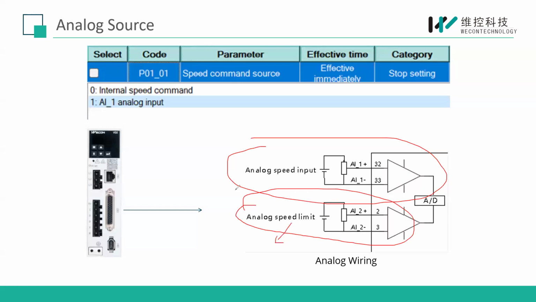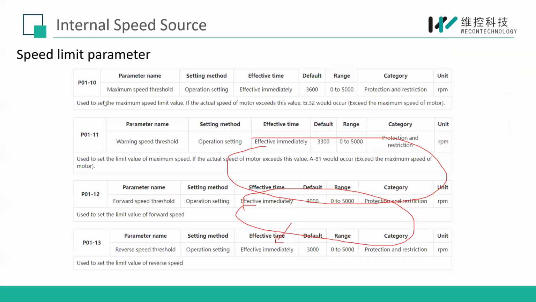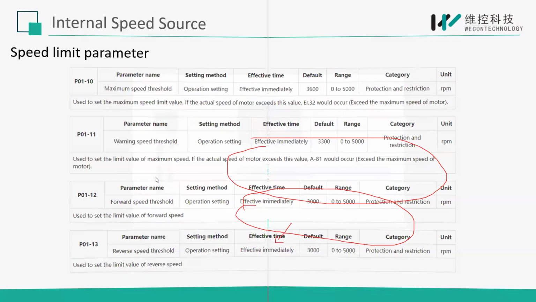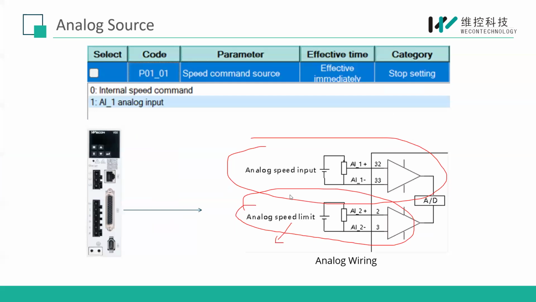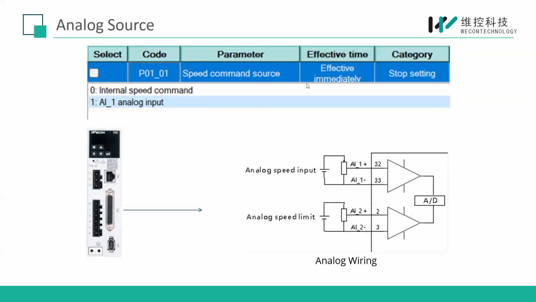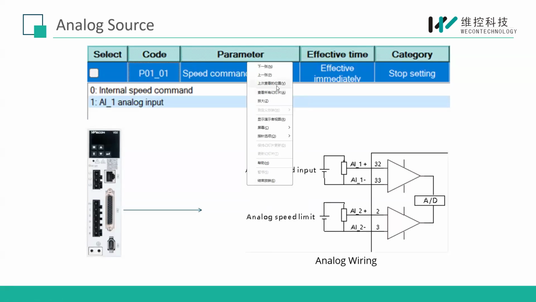But usually we set the speed limit by this parameter. We seldom use AI2 as the speed limit.